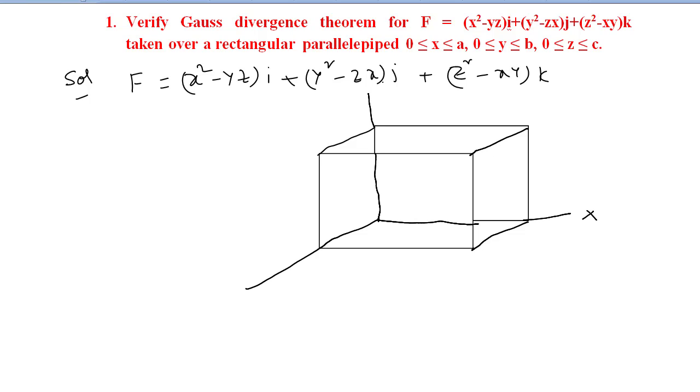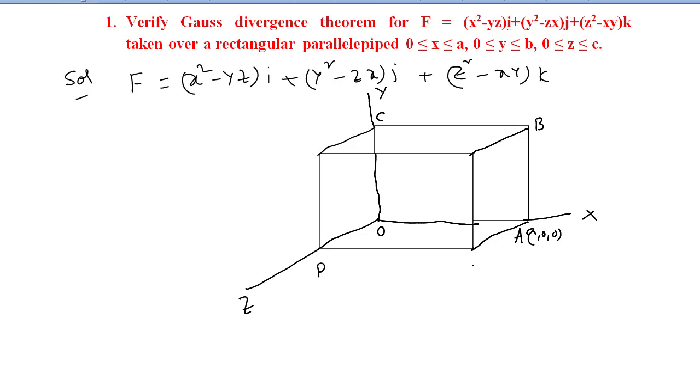This is the X, Y, Z axis. O is the origin. Up to A only. Now this is A, 0, 0. I will call it capital A. This is capital C, capital B, capital C.